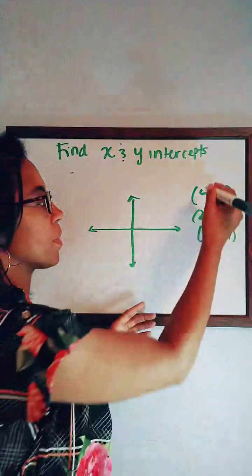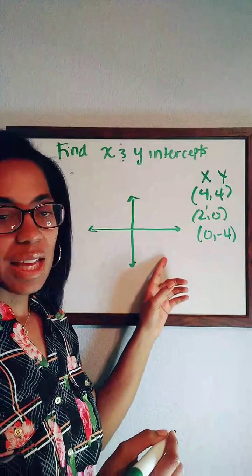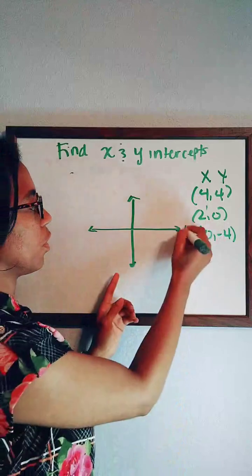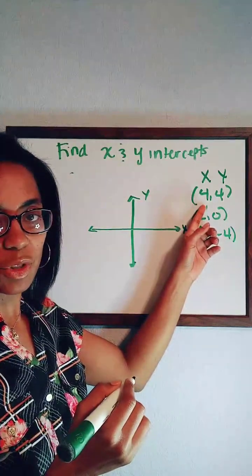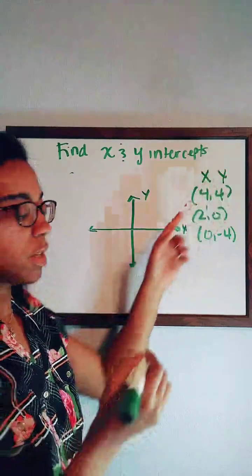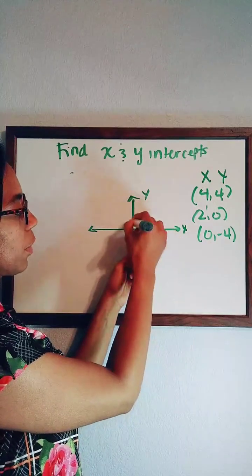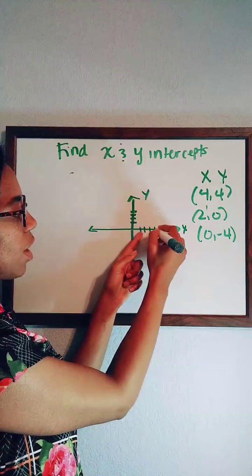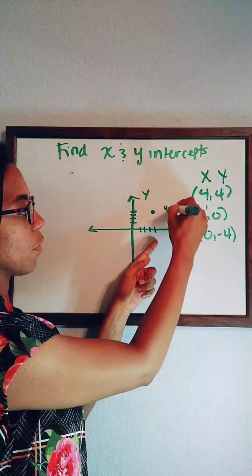Whenever you plot, remember this is your X and this is your Y. Make sure you move the direction it tells you to move. If it's positive, you go to the right. If it's positive, you go up. So here I'm going to go 1, 2, 3, 4, and then up the same way. I go 4 to the right and then up 4, and that would be the point (4, 4).